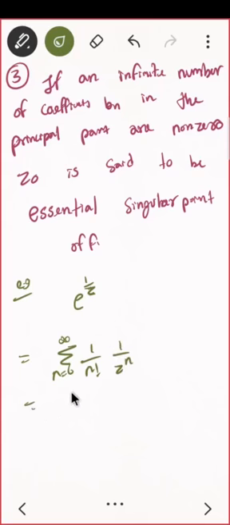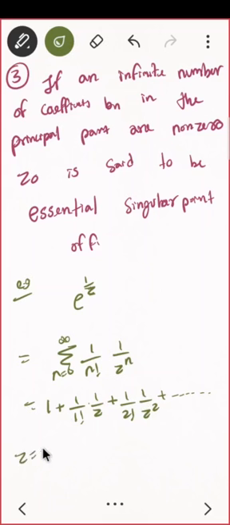If you expand it, it will be 1 plus 1 factorial into 1 upon z plus 1 upon 2 factorial into 1 upon z squared, and so on. So there are infinite terms. It is not stopping somewhere, and all the terms of 1 by z are non-zero. Then this is called an essential singularity.